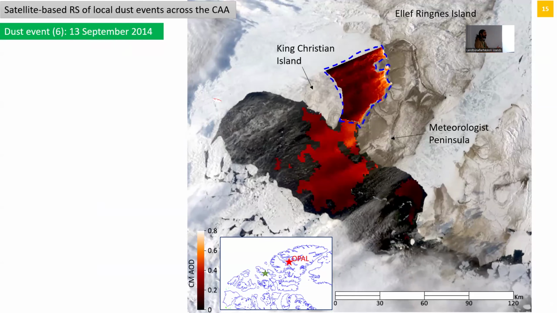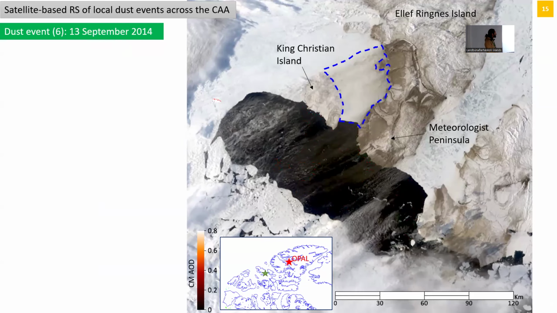This is an ad hoc attempt at a new AOD extraction technique. The important thing here is that the continuity of the AOD over the snow is like what we see over the water from the dark target algorithm of MODIS imagery.